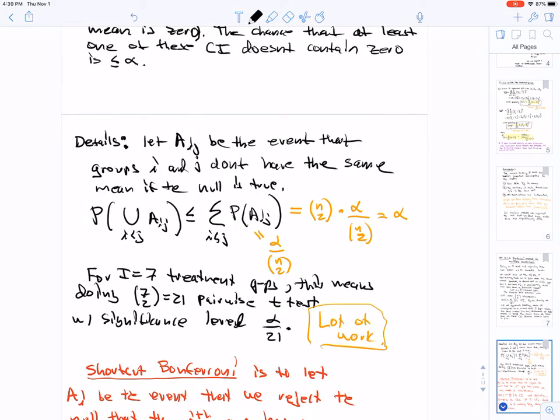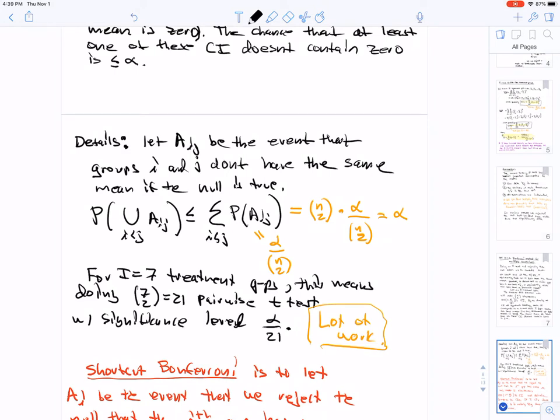So the union for i less than j of the A_ij's is the event that at least one pair of the groups don't have the same mean. By the addition rule, this is less than or equal to the sum of the probabilities, because these A_ij's are not all mutually exclusive.